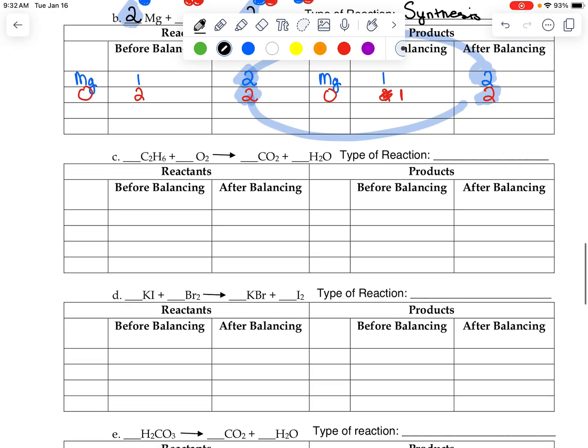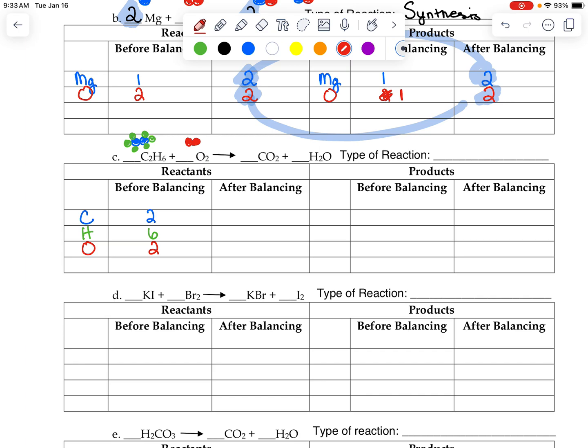Next one's a little bit tougher. Combustion reactions can be hard. Let's start with our atom counts. Carbon, we have 2 of them. Hydrogen, we have 6 of them. And oxygen, we have 2 of them going in.